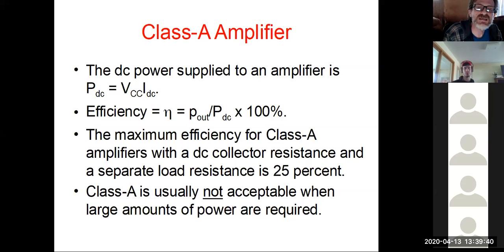If you notice on his next line, he says that the maximum efficiency for Class A's with the DC collector resistance and separate load resistance is 25%. Wow, 25%, that's not really much, right? It's like, oh my God, why would you want to use this? And it's not acceptable when you have large amounts of power, because it's just simply not going to pump it through.